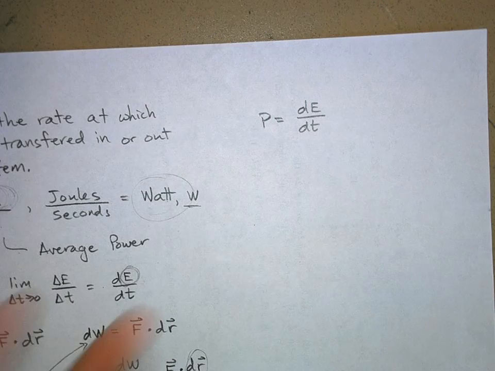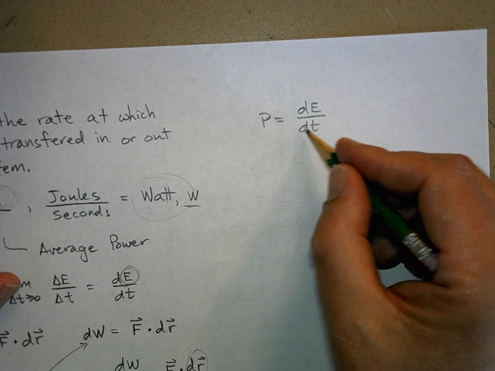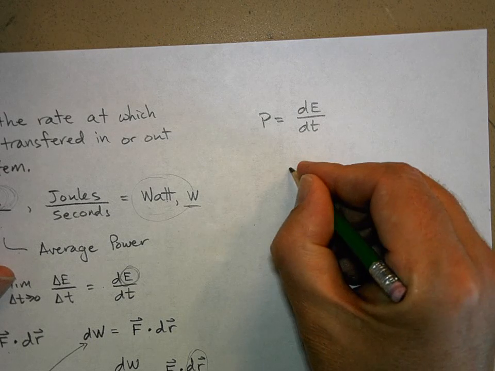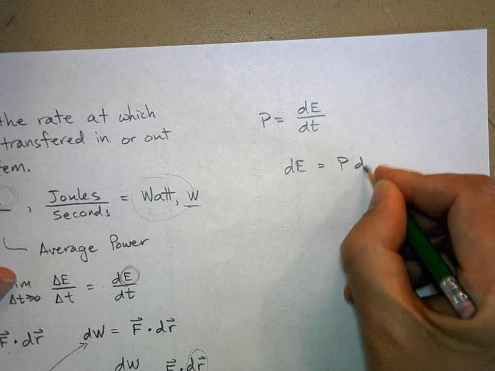Now, I'm going to rearrange this formula a little bit because you'll get problems like this quite often. What if I multiplied both sides by dt here? I get a little bit of energy is equal to power times a little bit of time.